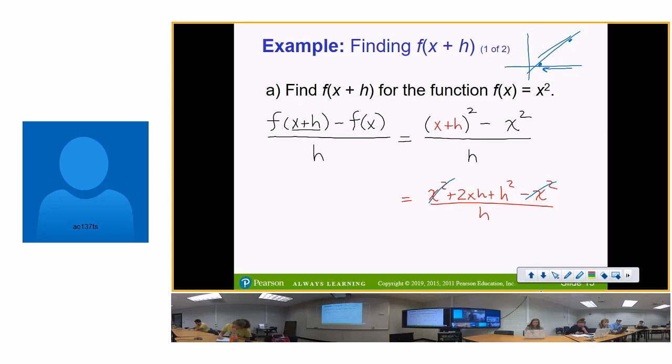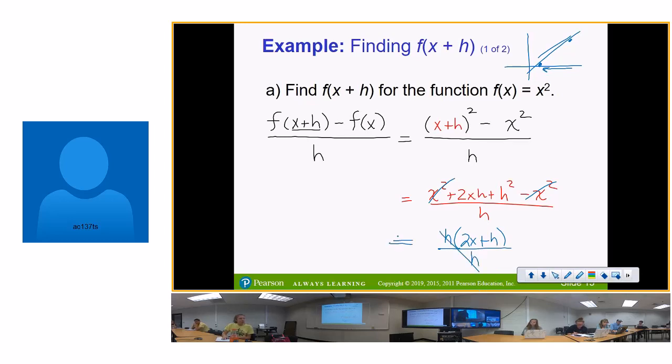What is my feet doing, halfway to the wall, halfway to the wall, halfway to the wall? It's getting closer to 0. You're converging onto 0. So I get 2x, I'm going to factor out an h, and I get 2x plus h over h. What happens to the h's?